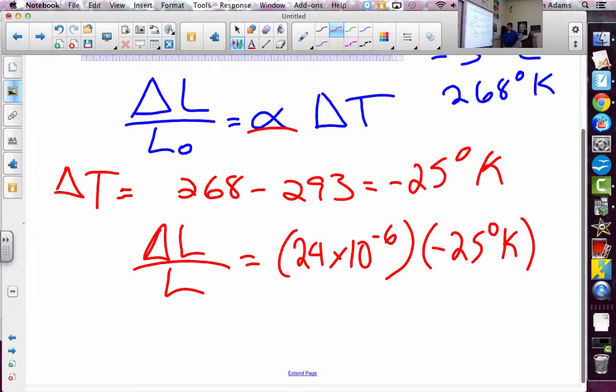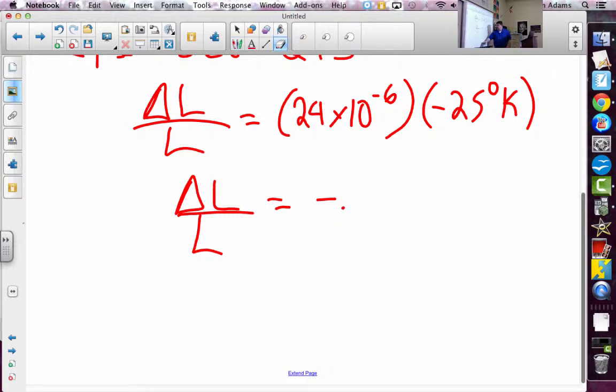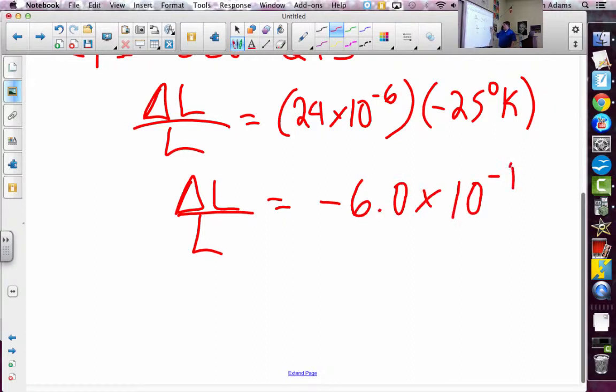If we plug that in our calculator, we get delta L over L is equal to negative 6.0 times 10 to the negative 4, I think, if I do the math.